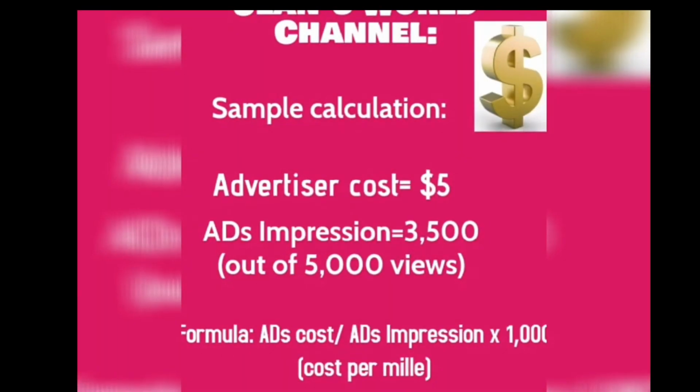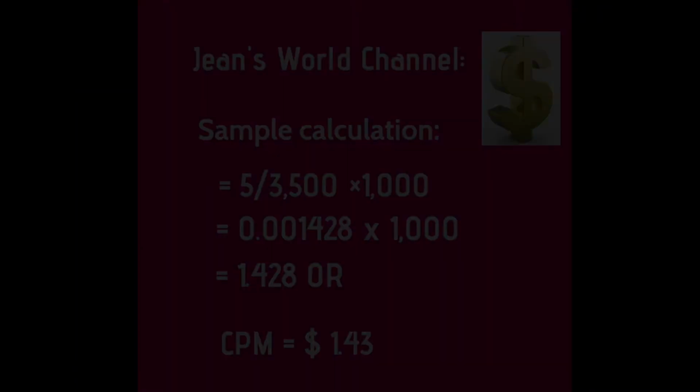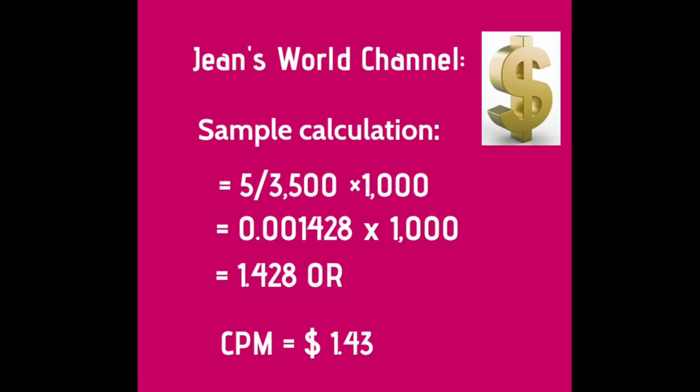This is constant. Equals 5 over 3,500 times 1,000 equals 0.00142 times 1,000 equals 1.428, or we have to round off. So the total CPM is $1.43.